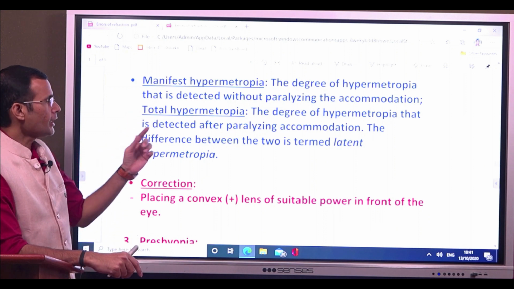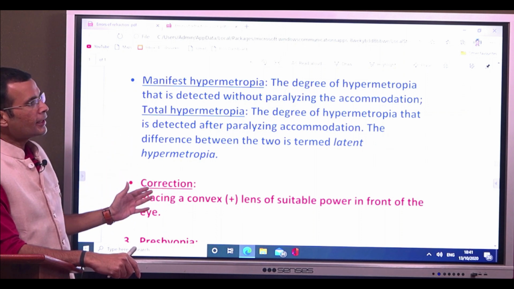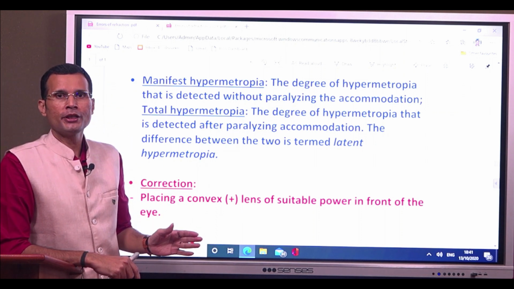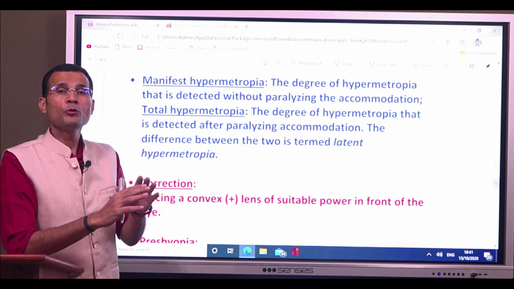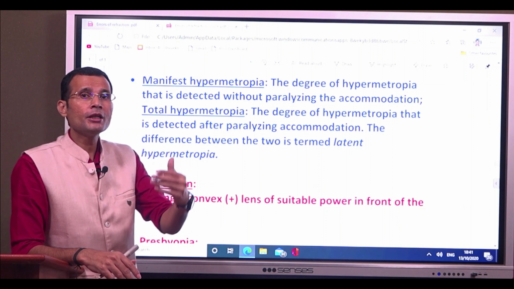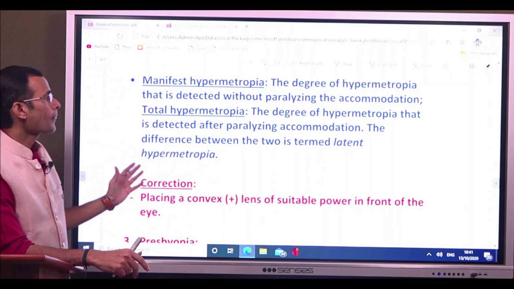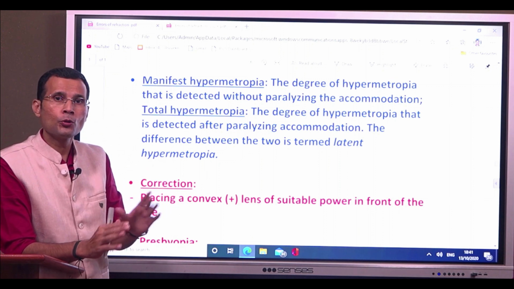And what is total hypermetropia? The degree of hypermetropia that is detected after paralyzing the accommodation. Look, accommodation is for the sake of near vision. Now you paralyze the accommodation completely, so near vision will be in problem, and then such hypermetropia would be called total hypermetropia.